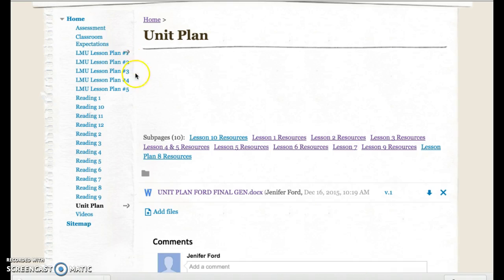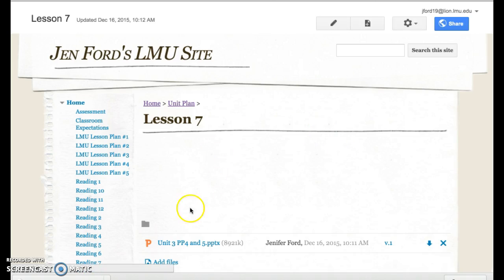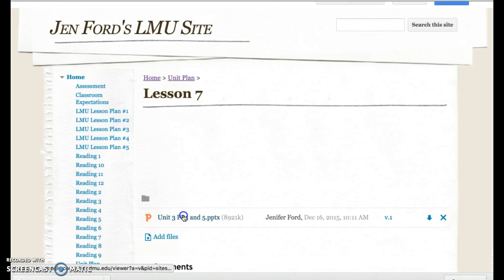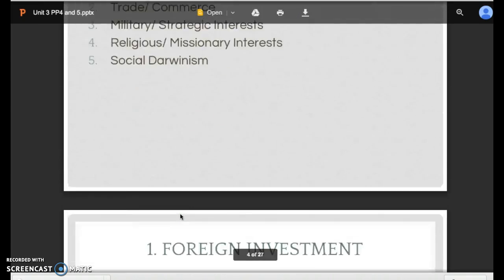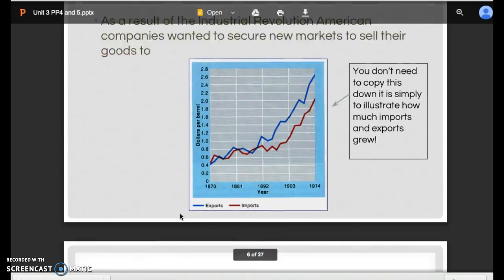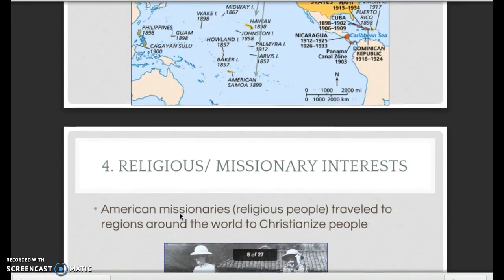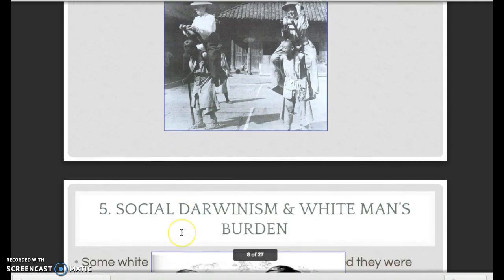Okay, so let's look at lesson 7. Lesson 7 didn't have any handouts, so it just has a PowerPoint. So you're just looking at different reasons why we entered into the Philippines and why we expanded.